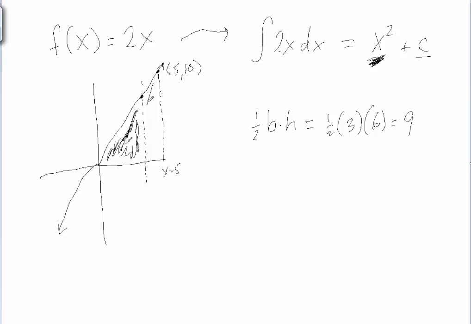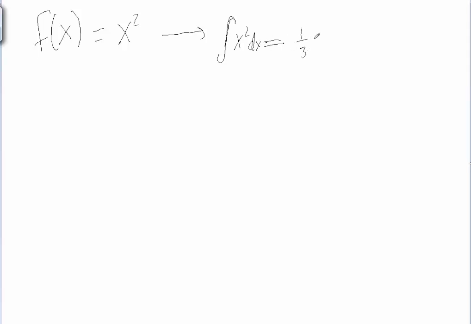So x equals 5, and now we're looking for the area under this curve. It's a triangle, 1/2 base times height equals 25. X equals 5, and 5 squared is 25. So again, we see that this area under the curve, between 0 and the x value above the x-axis, the area is the antiderivative.